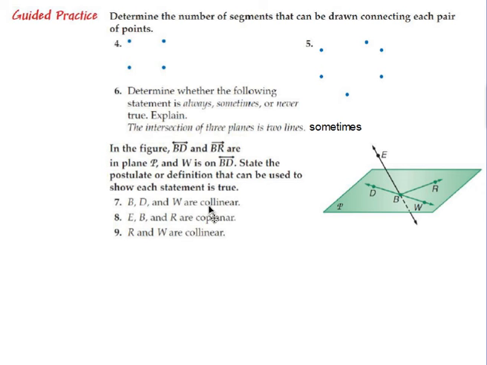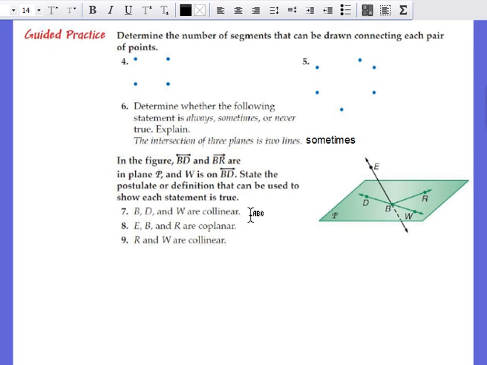That is true because based on postulate 2.5, it says if 2 points lie in a plane, then the entire line containing those points lies in that plane. So these 2 points are in the plane, they make a line. Any points within that line, in this case is W, is also within the plane itself. So the postulate for this one would simply be 2.5.